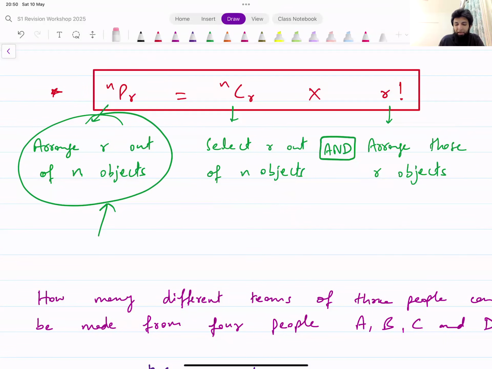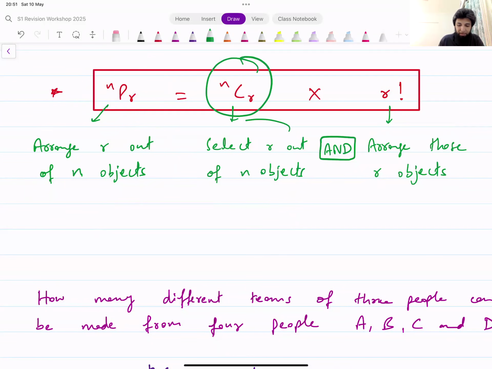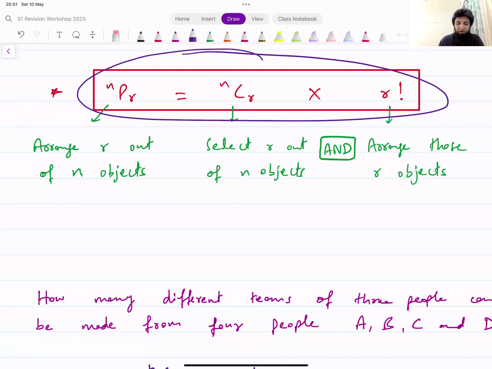So we could say nPr is the same thing as nCr, that you select r out of n objects, and then you arrange those r objects, and arranging r objects is just r factorial. So that's the relation that we've got between permutations and combinations.